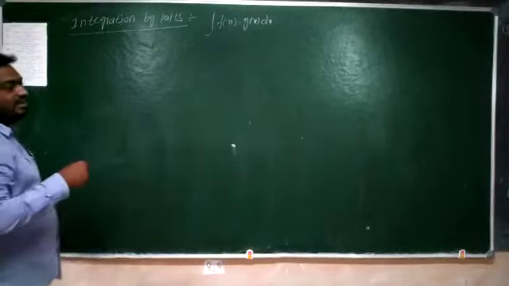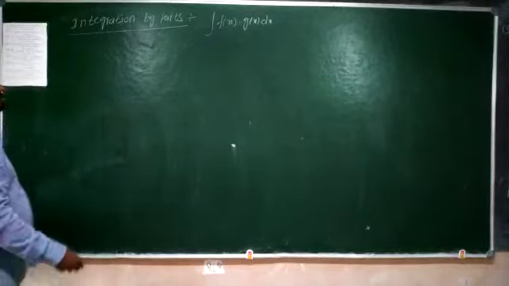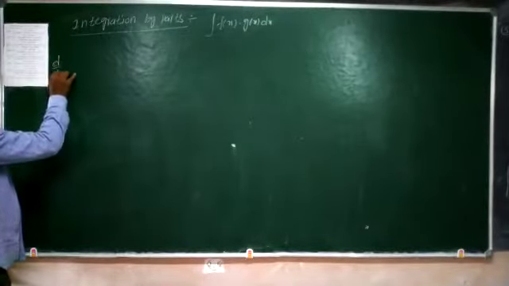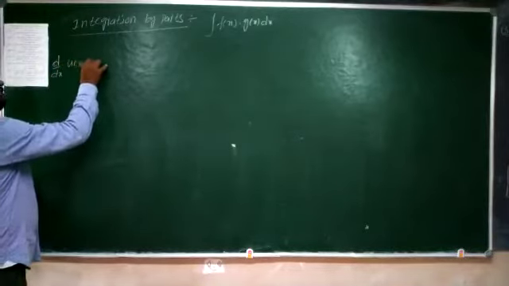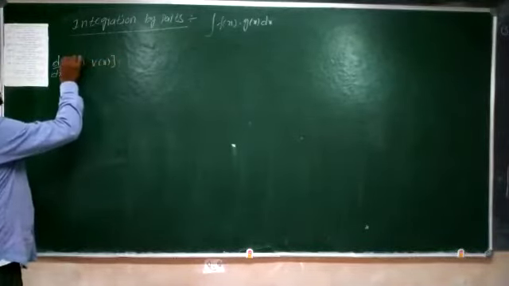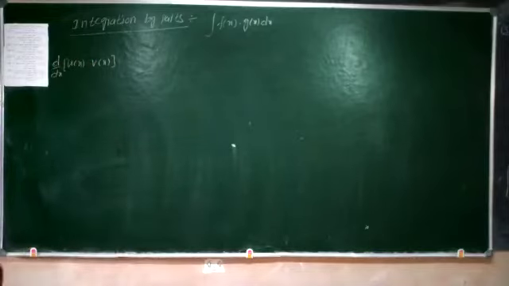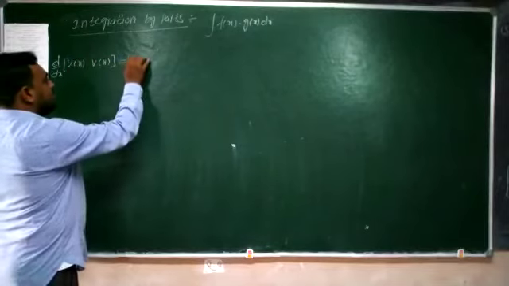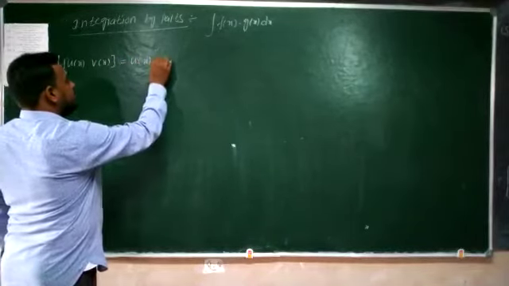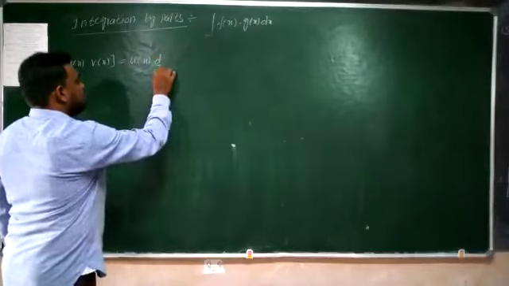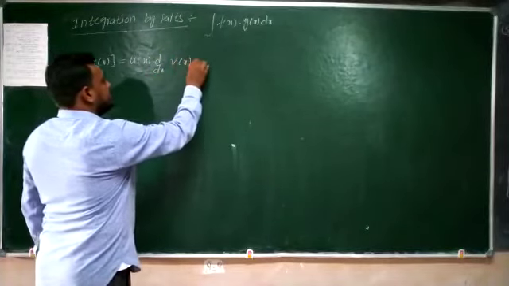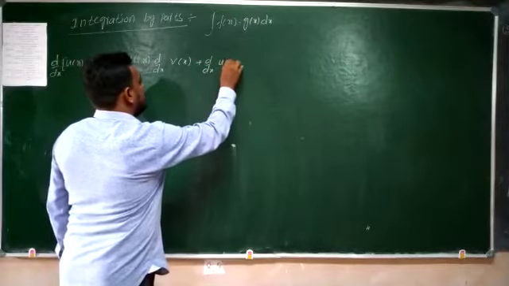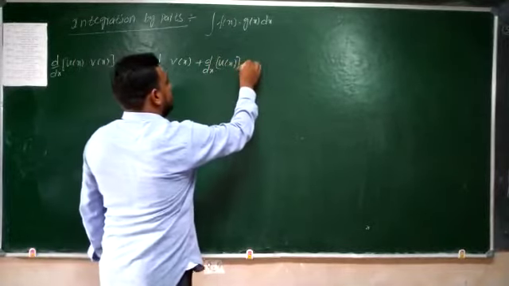We know that the derivative of the product of two functions, that is d by dx of u of x into v of x, where u and v are in the same variable x, is equal to u of x into d by dx of v of x plus d by dx of u of x into v of x.